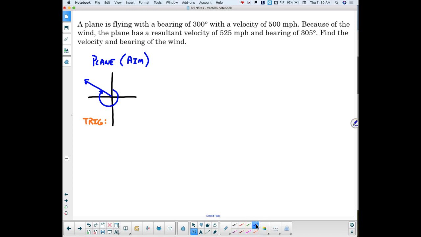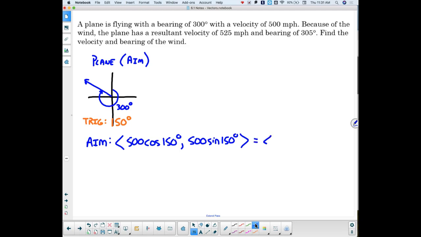It is not 135. We got it. Look, 150. So my aim vector is 500 times the cosine of 150, 500 times the sine of 150. Which is that.